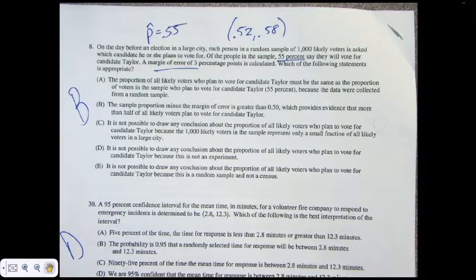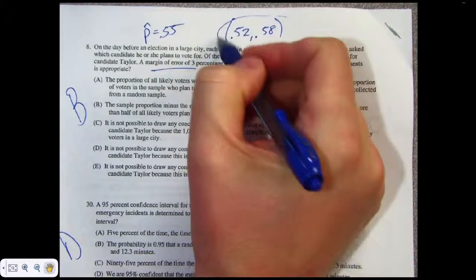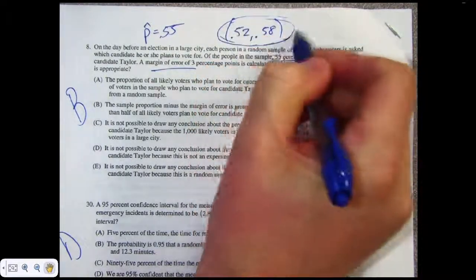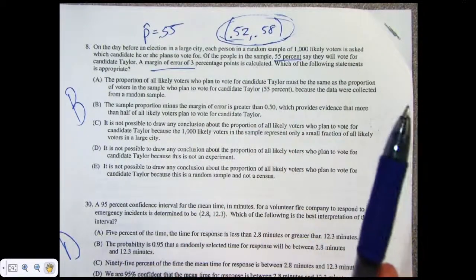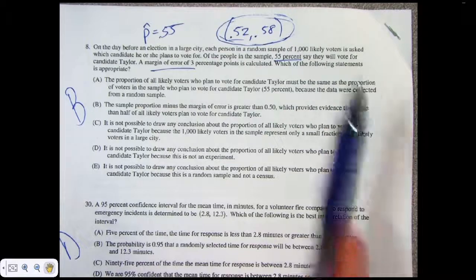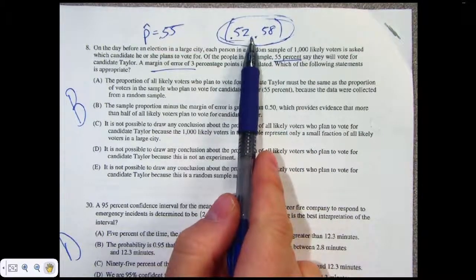So now what? On to my next. What else can I look at? So then part B, if I said to you, this is your confidence interval, do you think the majority of people favor this? What would you say? I would say yes.